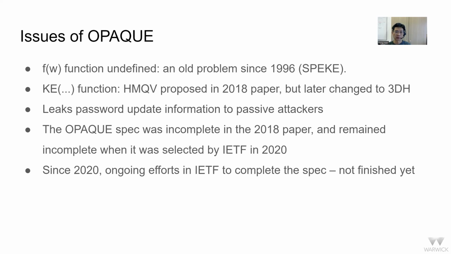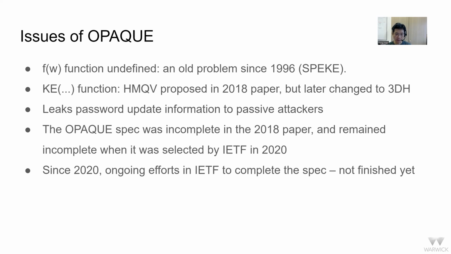The original paper proposes to use HMQV, but after OPAQUE was selected by IETF, the authors modified the protocol to use a different key exchange function. The third, OPAQUE leaks information about password update to passive attackers, as I explained in the earlier slide.